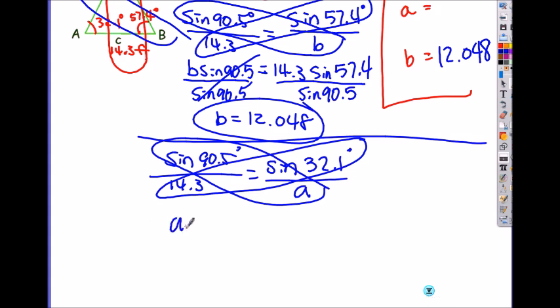So A times sine of 90.5 equals 14.3 times sine of 32.1 degrees.